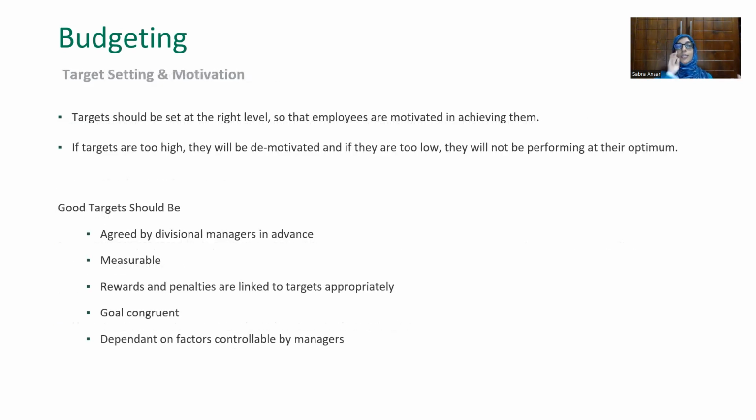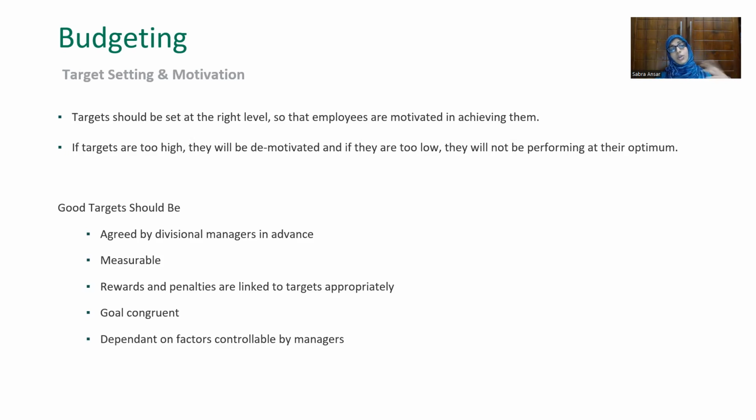Thereafter, we'll be talking about setting targets and motivation. Targets should generally be set at higher levels for employees, so that the employees are motivated to achieve them. Now when we set targets, if it's too high, then obviously the employees will be demotivated and will not be able to perform on it.